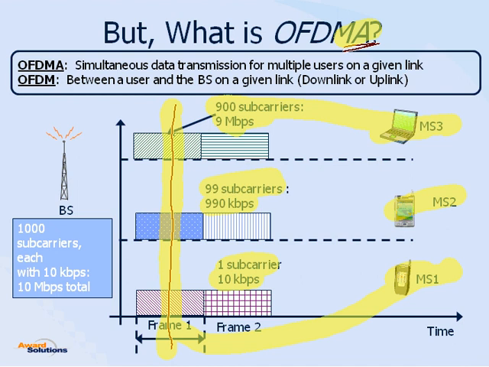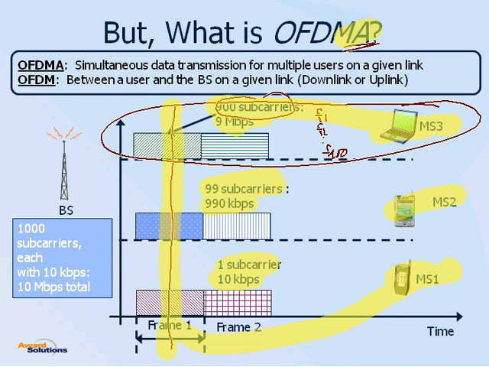If you focus on, let's say, mobile station 3, then we are sending the data to the user using many subcarriers. In this case, 900 subcarriers. Since we are using multiple subcarriers between the base station and the user, we are using OFDM. So we have OFDM between the base station and the user, OFDM between another user and the base station.